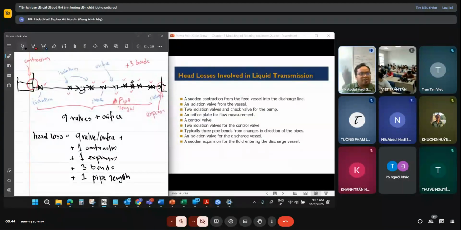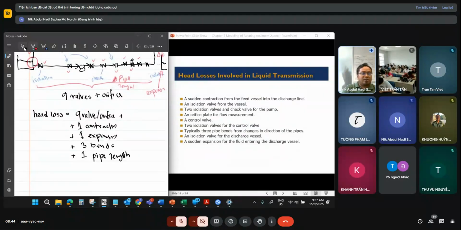So this is assuming it is only a straight line. What happened is this feed tank is located in an elevated position. We should also take into consideration the elevation. So now our total head loss is also induced by the elevation.